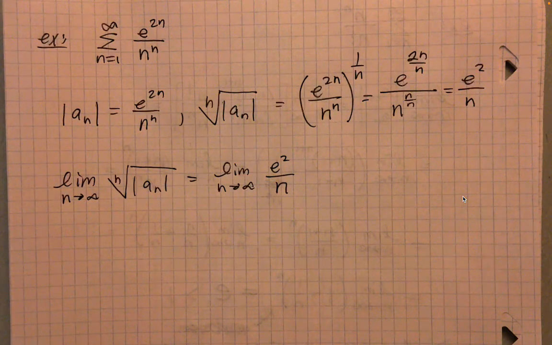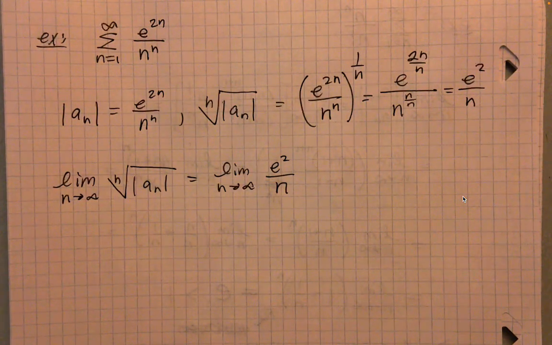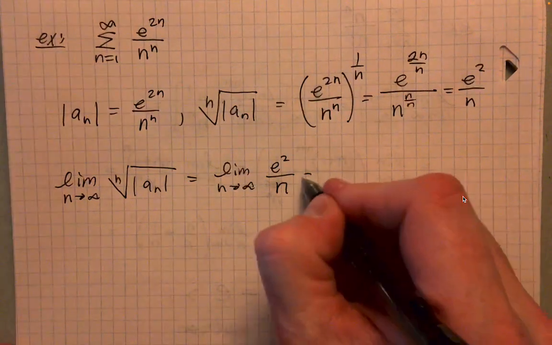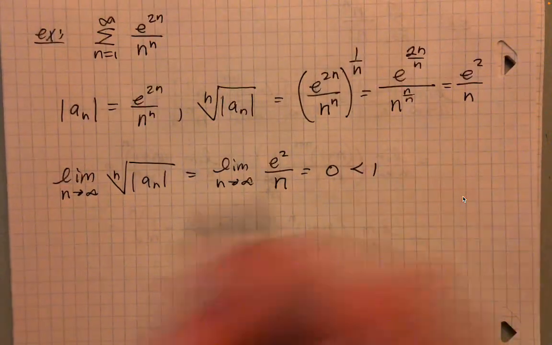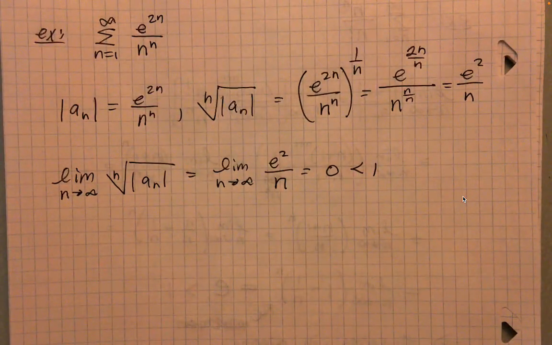Right, and now I hope everybody can see what happens here and can intuit what happens here. If not, I feel I have failed as a Calculus 2 instructor. This is obviously going to go to 0, which is less than 1. n is going to grow without bound, e is a constant, so clearly this limit is 0.